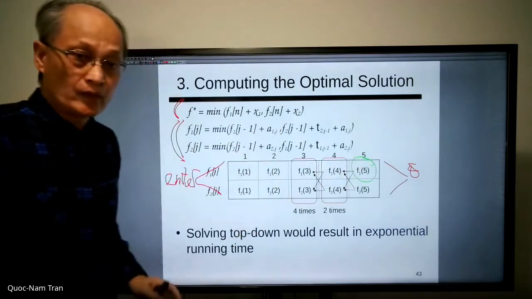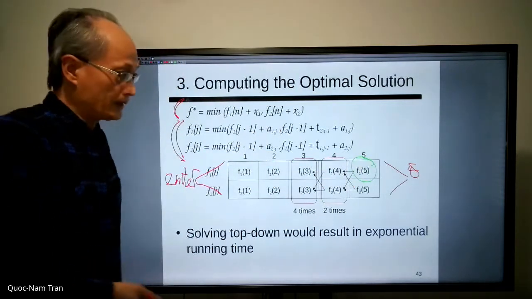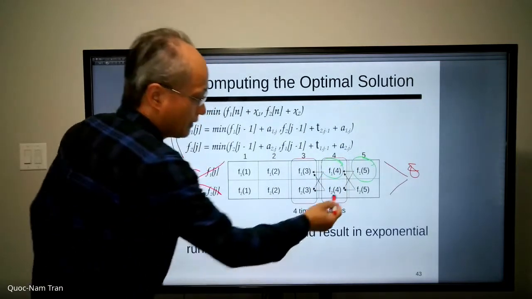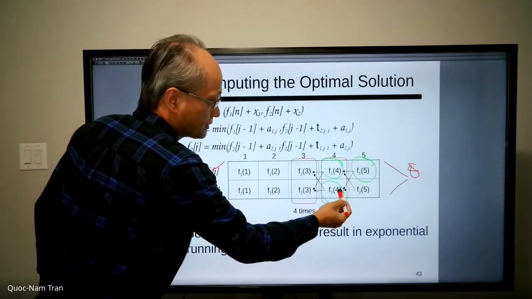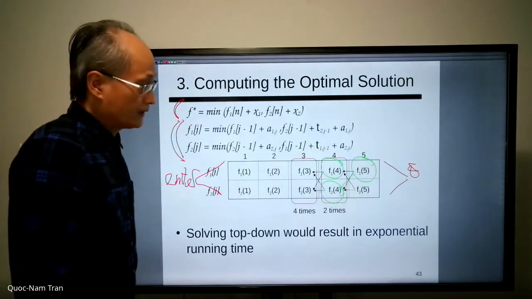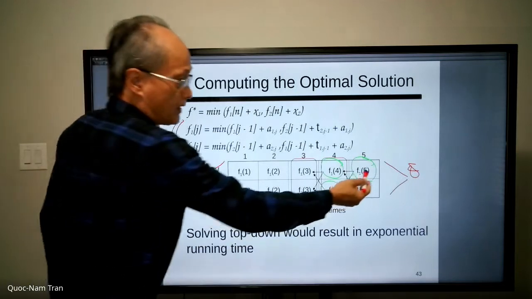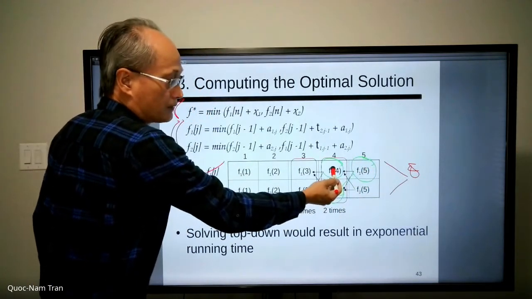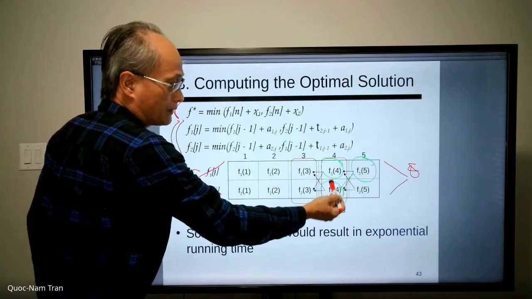F15 will be calculated based upon F14 and F24 plus the extra cost, right? So in order to calculate this one, we have to call the function recursively for F14 and F24.